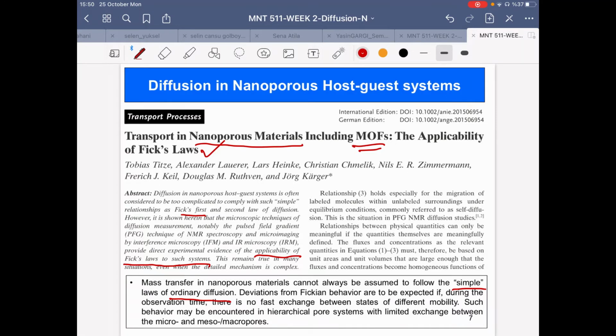Deviations from Fickian behavior are to be expected if, during the observation time, there is no fast exchange between states of different mobility. Such behavior may be encountered in hierarchical pore systems with limited exchange between the micro and meso or macro pores. So things become a little complicated when hierarchical pore systems are involved, but this is the basics of this whole thing.